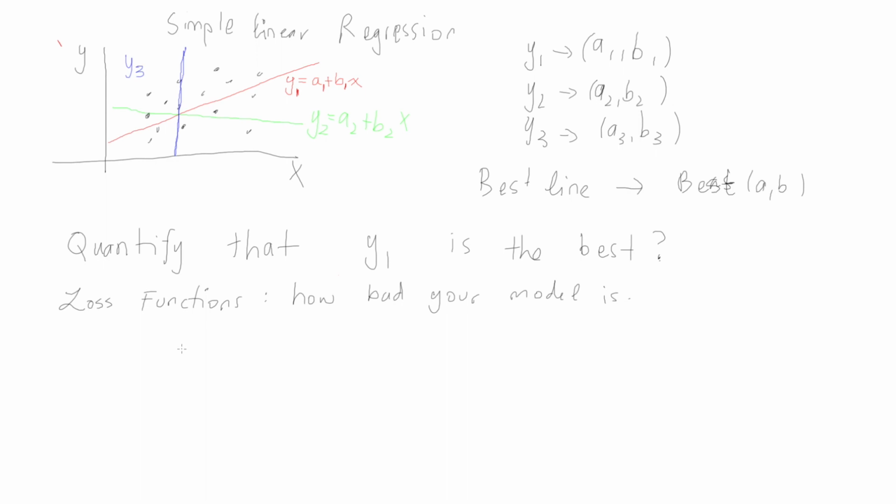If I use model y1, I'm going to get a number. If I use model y2, I'm going to get a different number. And we're hoping that the loss of y1 is lower than the loss of y2.